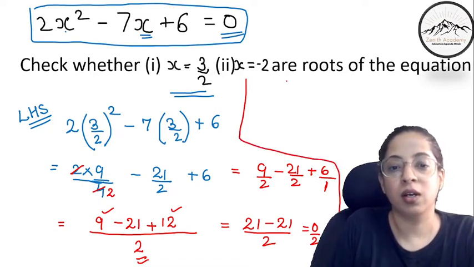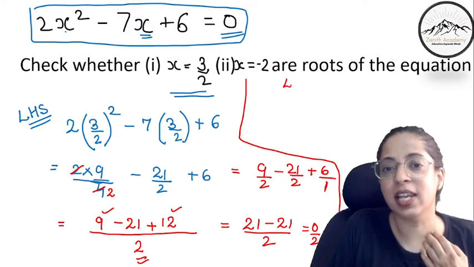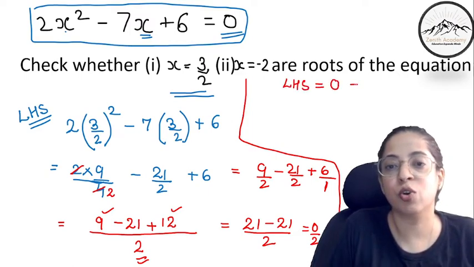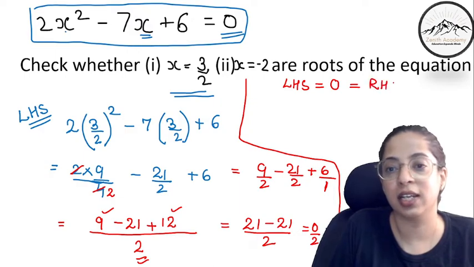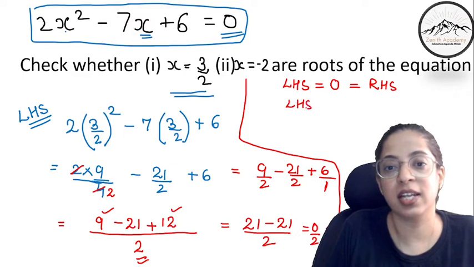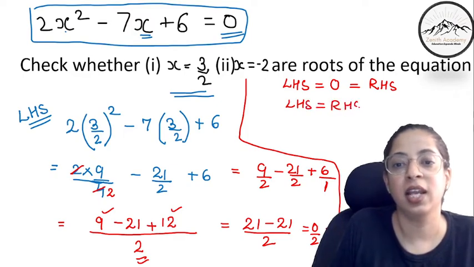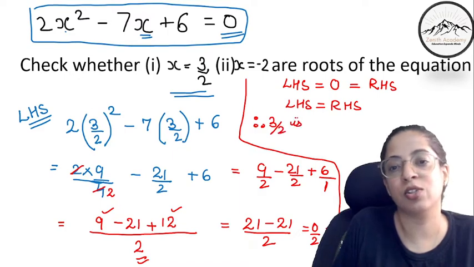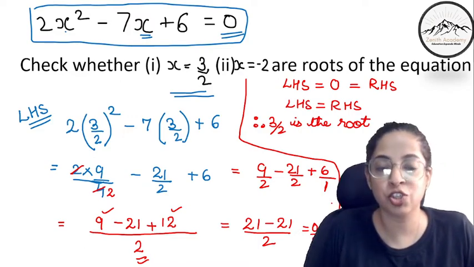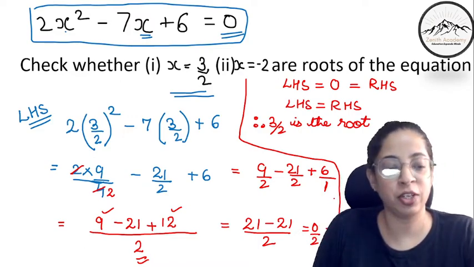So we can say left hand side is equal to 0, which is also equal to the right hand side. Right? So we can say left hand side is equal to right hand side. Therefore, 3 by 2 is the solution or is the root of the given quadratic equation. Have you all understood? Is that clear to you?